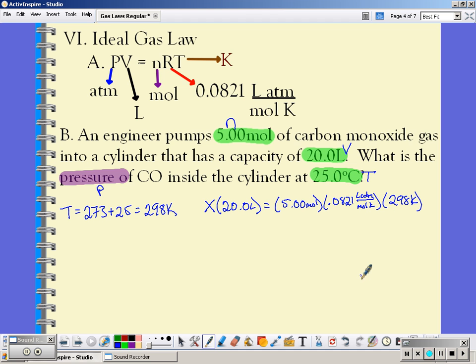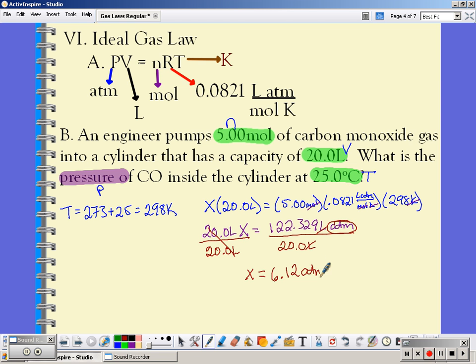Then it's just algebra, and you need to solve for what you're looking for. So we get 6.12 ATM.